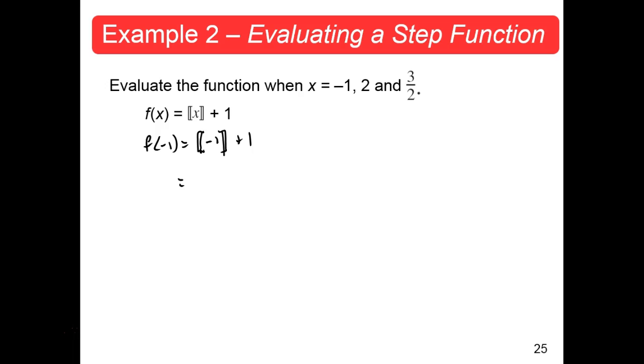Not positive, -1. Okay? The greatest integer less than or equal to -1. And it is -1, because that's what its value is. So this is -1 plus 1, and what's that equal to? 0. All right, good deal.